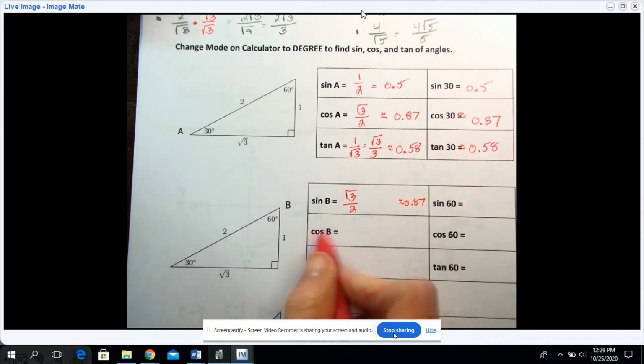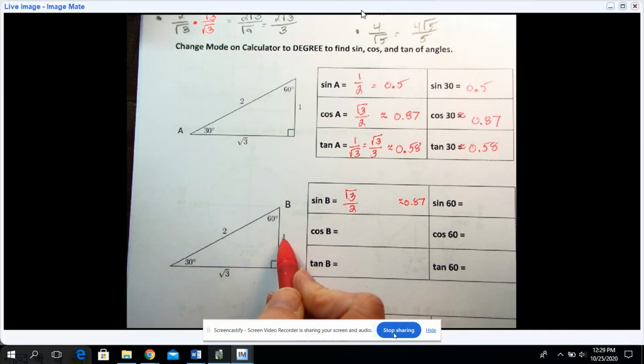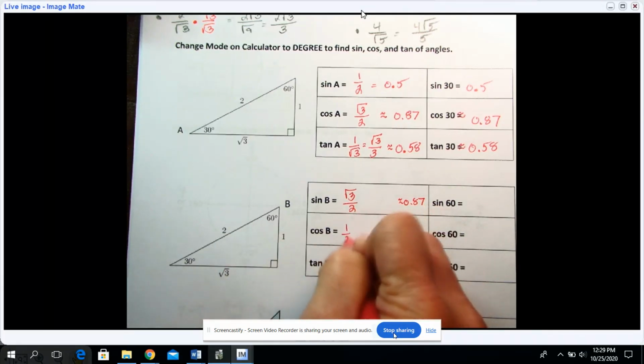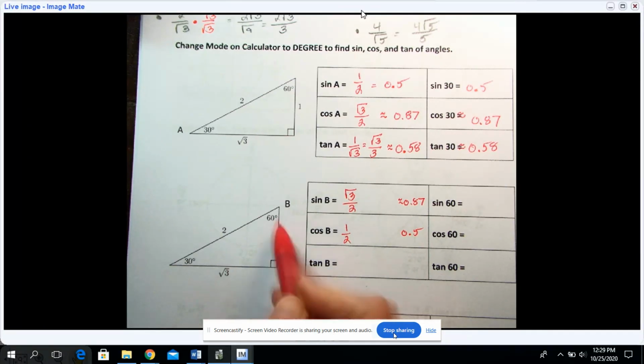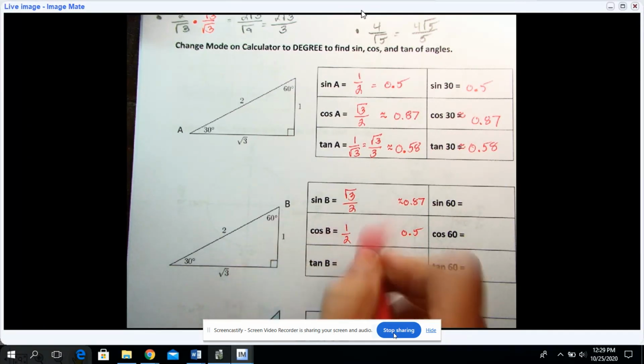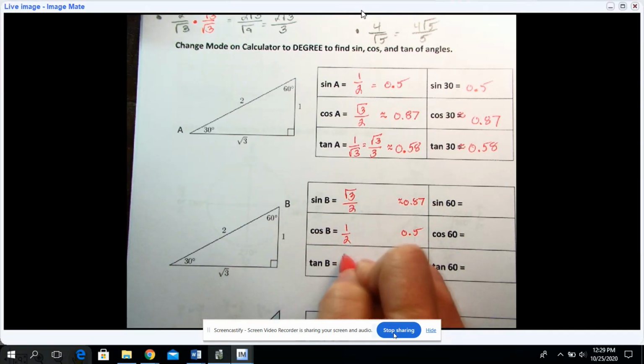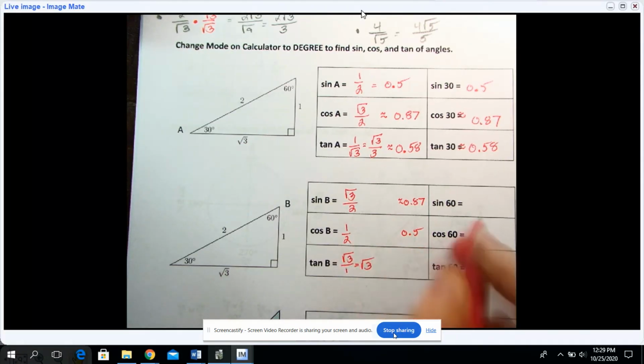The cosine of B is going to be adjacent over hypotenuse, 1/2, which is 0.5. And the tangent of B is the square root of 3 over 1, or just the square root of 3. And if you just put the square root of 3 in your calculator, it's approximately 1.73.